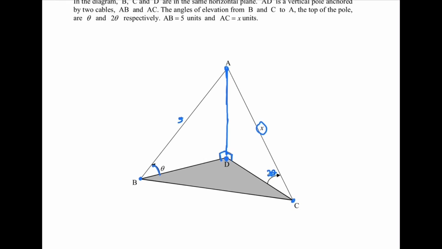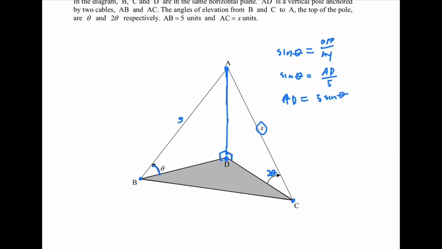So on triangle ABD, we can say that sine of theta is equal to opposite divided by hypotenuse. So we're going to have sine of theta equal to the opposite, which is AD, over the hypotenuse, which is 5. If we cross multiply, we get AD is equal to 5 sine of theta.